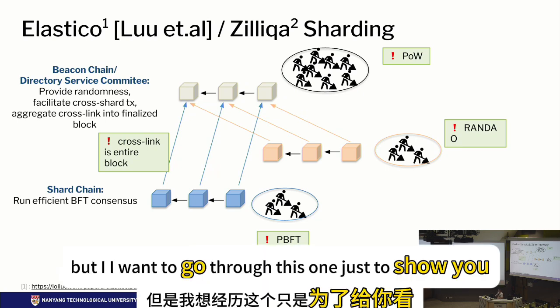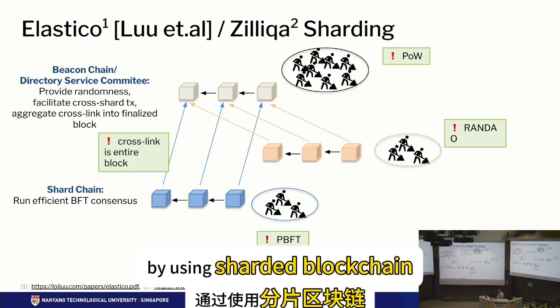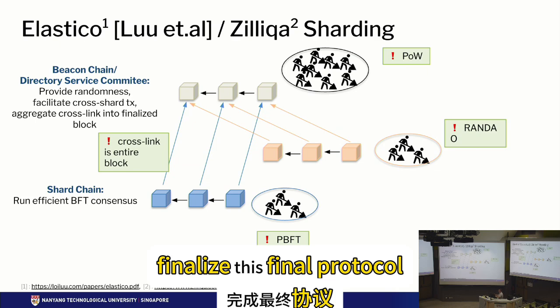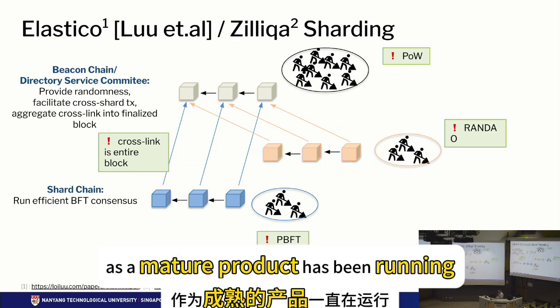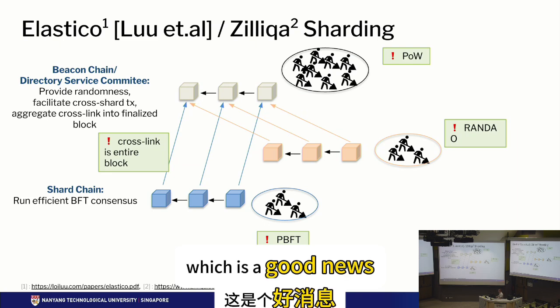But I want to go through this one just to show you, as a real protocol using sharded blockchain, how do we balance the different parameters and finalize this final protocol as a mature product that has been running in the market. They're still surviving, which is good news.